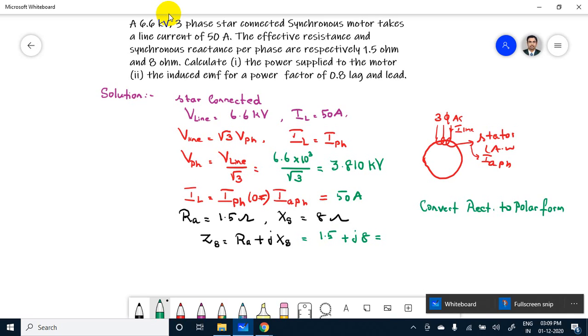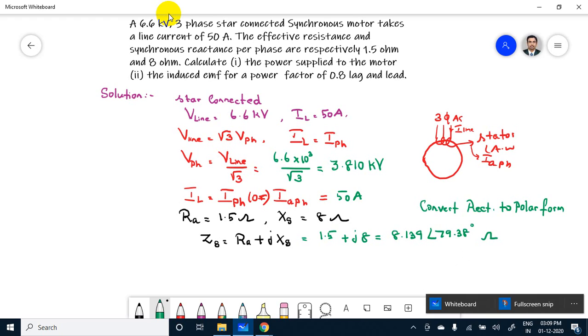What is the answer? 1.5 plus j8 is 8.139 angle 79.38 degrees. The unit of impedance will be ohms.